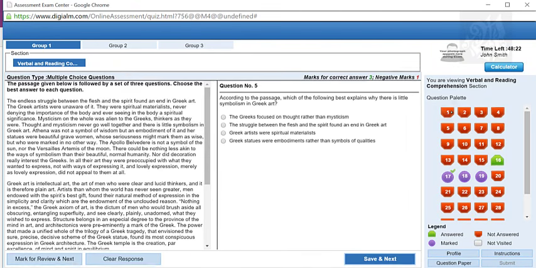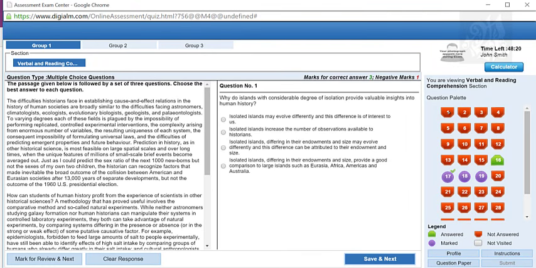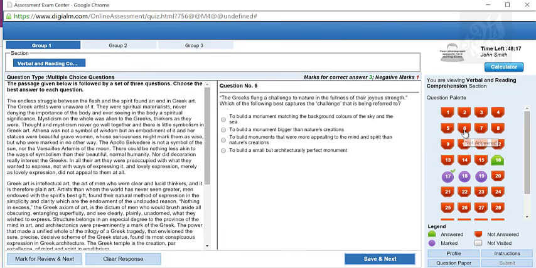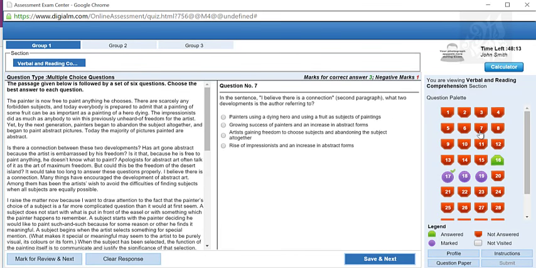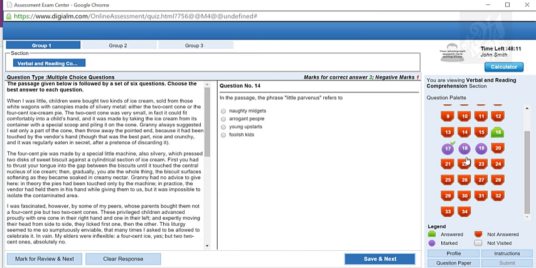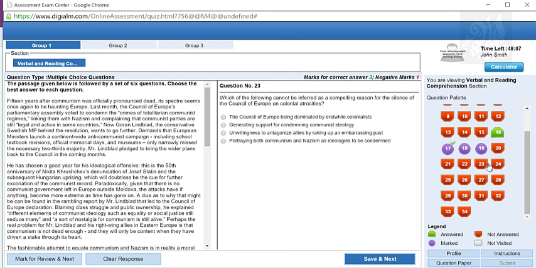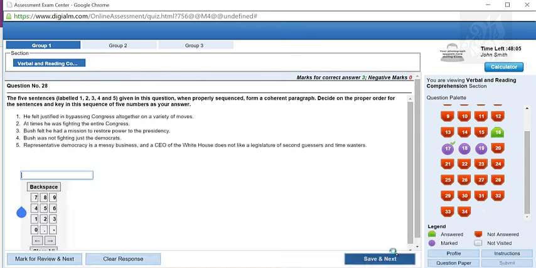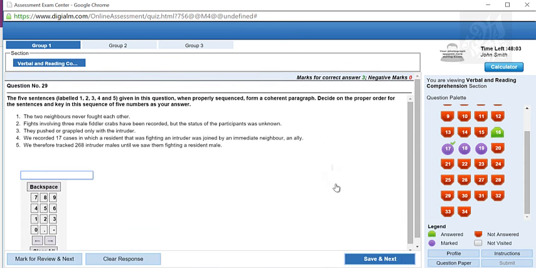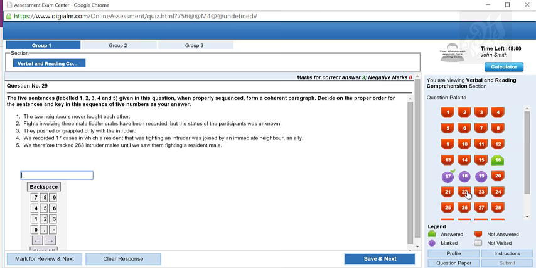Let's say you see an RC in question number 1, go to question number 6, you see again an RC, read the first line, you'll understand if it's a different RC, not 6 or 7. And then 14 again a different RC, and then again 20, 22, 23, 24, and you can keep doing save next, save next, save next, and it'll keep happening. That's not a problem. That's about it for the attempt strategy for verbal.